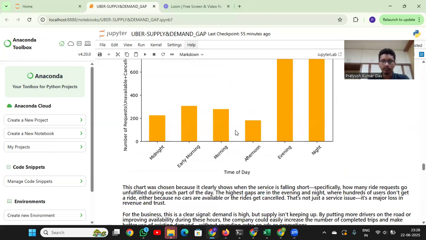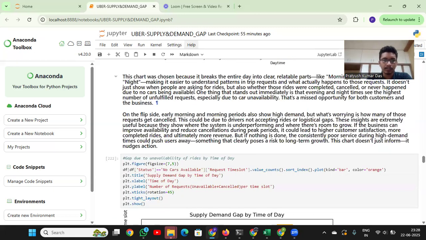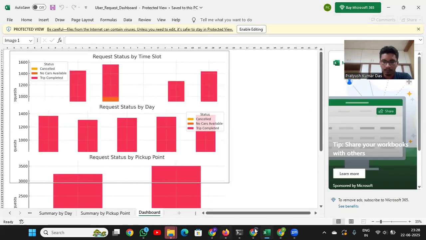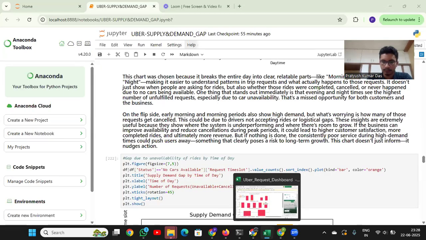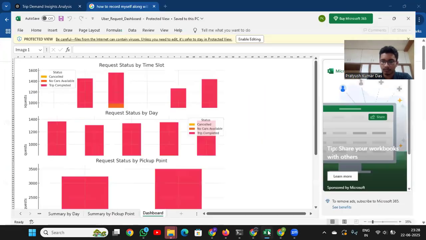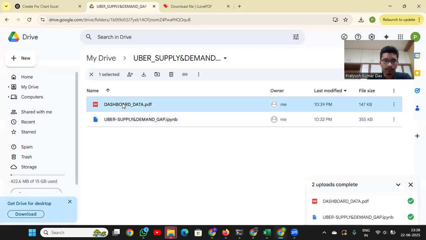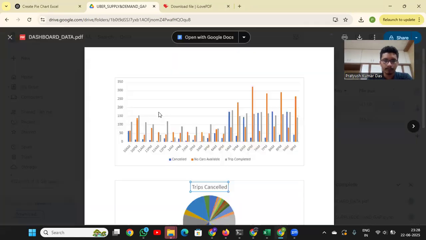And finally, I would also like to show my dashboard, which represents different graphs and visualizations that I've done through Excel.